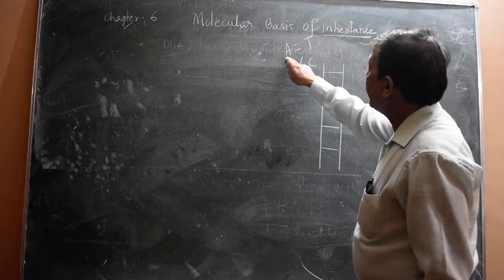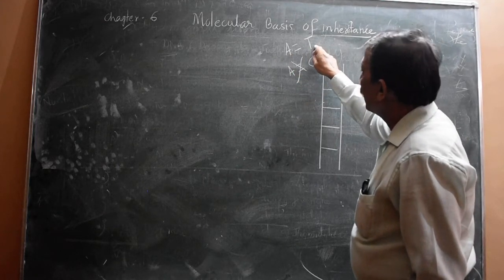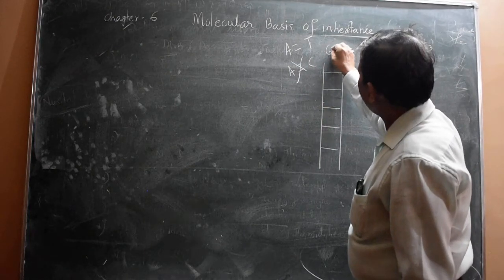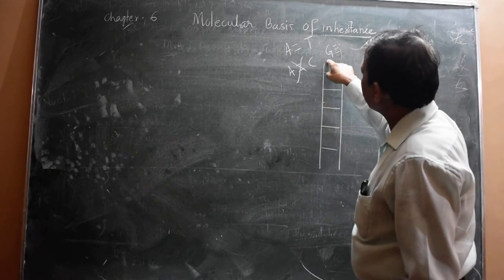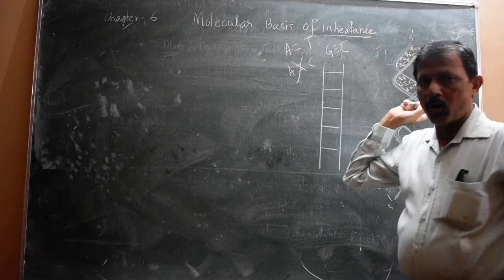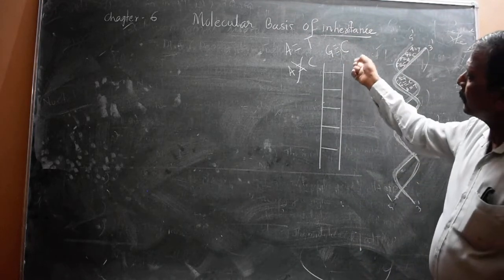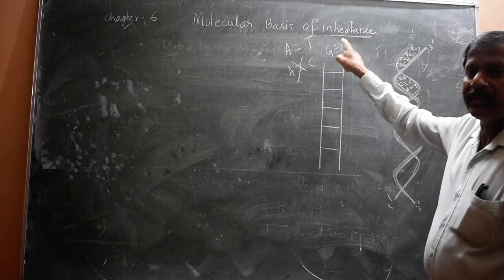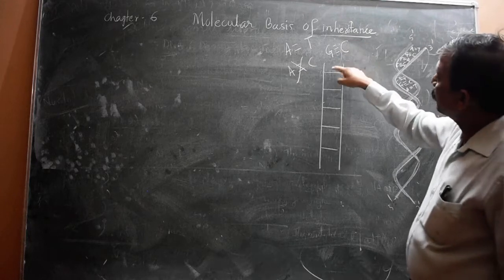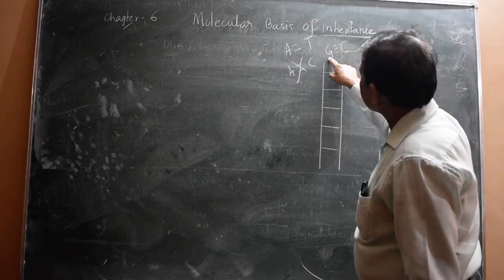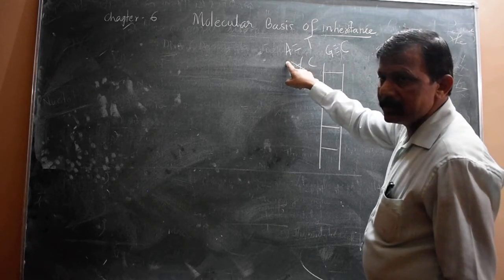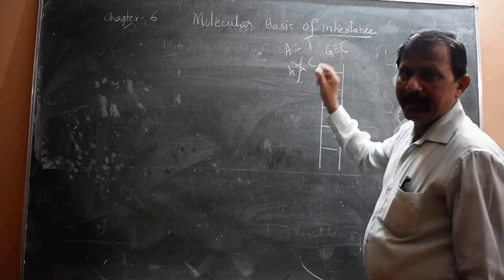In other words, adenine always pairs with thymine, or vice versa. Similarly, guanine, which is a purine base, always pairs with cytosine with 3 hydrogen bonds, or cytosine always combines with guanine with 3 hydrogen bonds. But this is also restricted. G never combines with T, or G does not combine with A, since they are both purines, it will not happen.